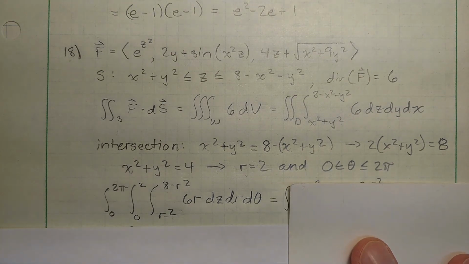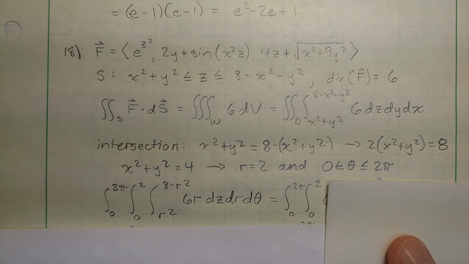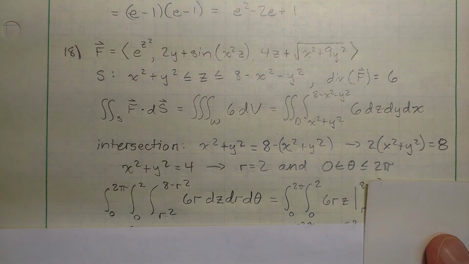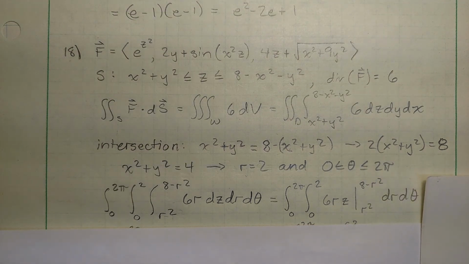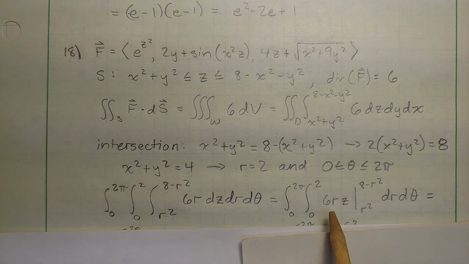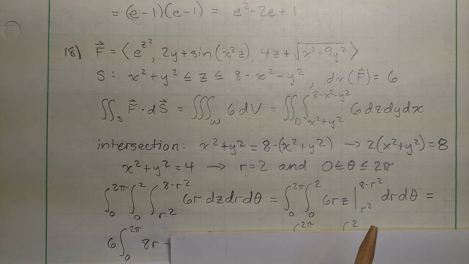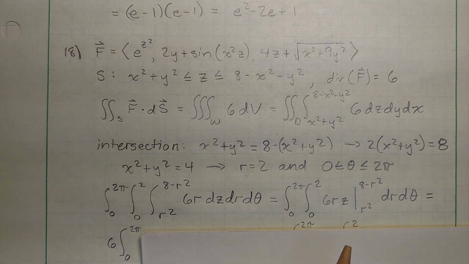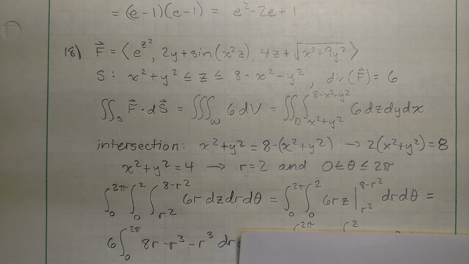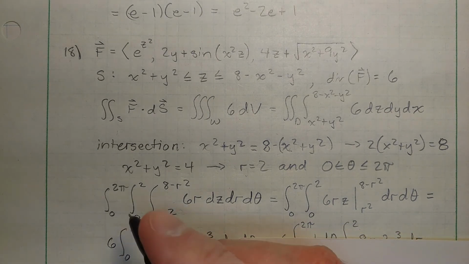So integrating first, I'm going to integrate that 6r, which becomes 6rz, going from r squared to 8 minus r squared, dr d theta. And I'm going to factor this 6 out, put it out here. So I'm going to get 6 times the integral, and I accidentally forgot my second integral here.